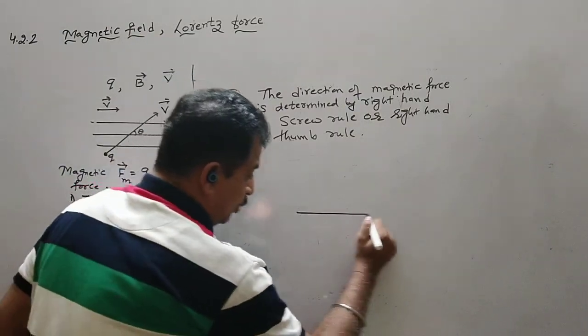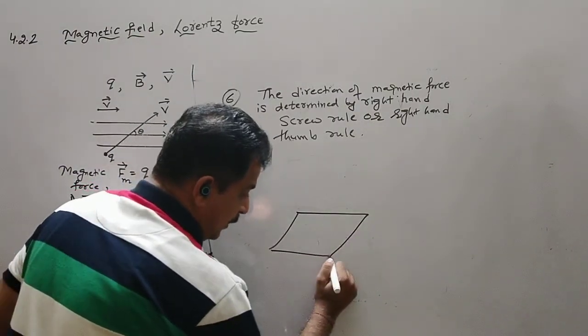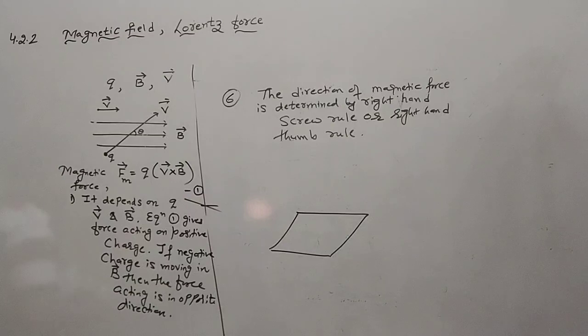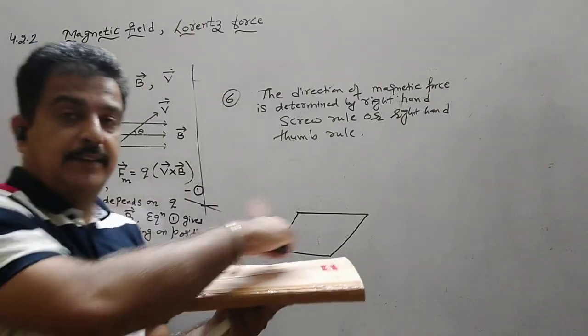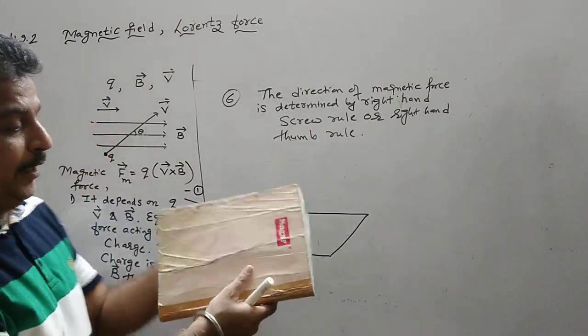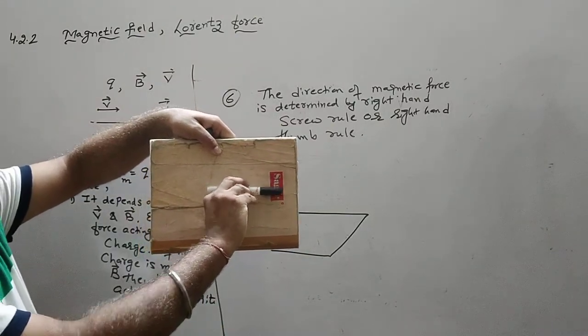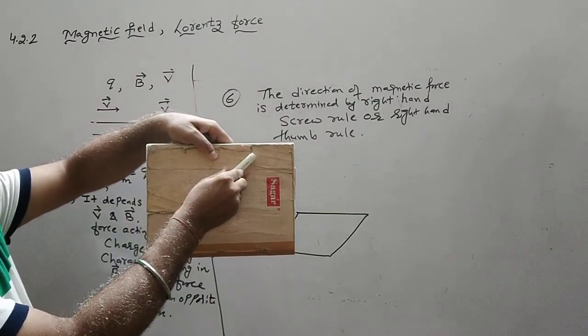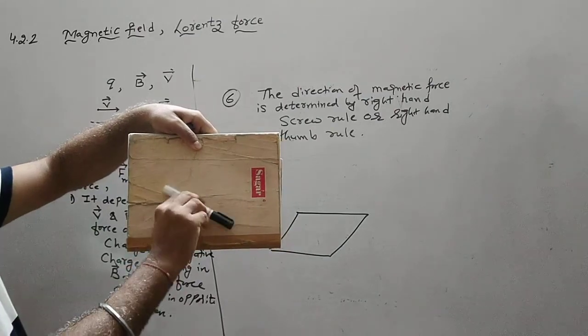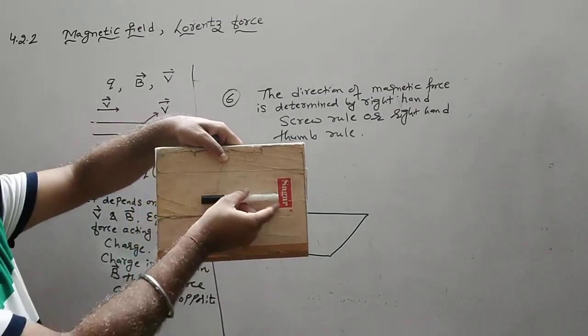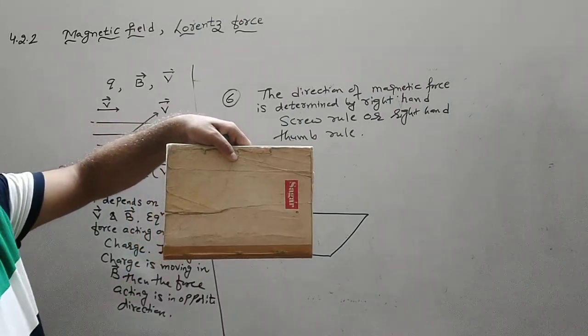Suppose I draw a plane like this. This is my plane. Earlier the plane was like this, and the B vector was in this direction. Sorry, B was along the x-axis, so that was the previous time.